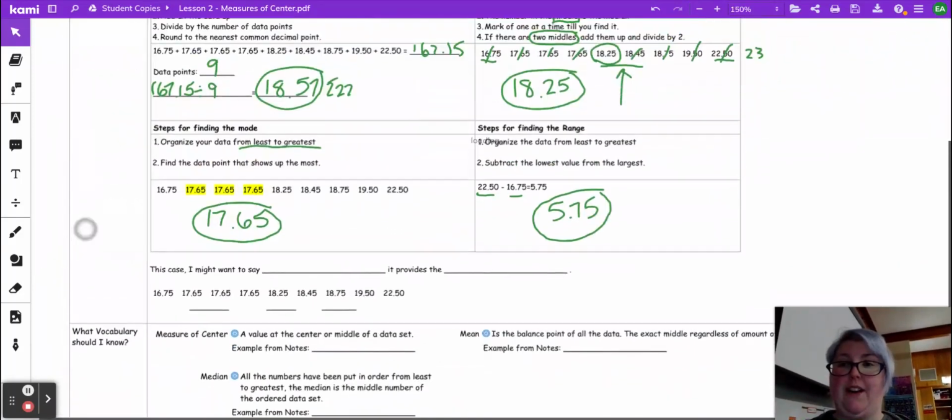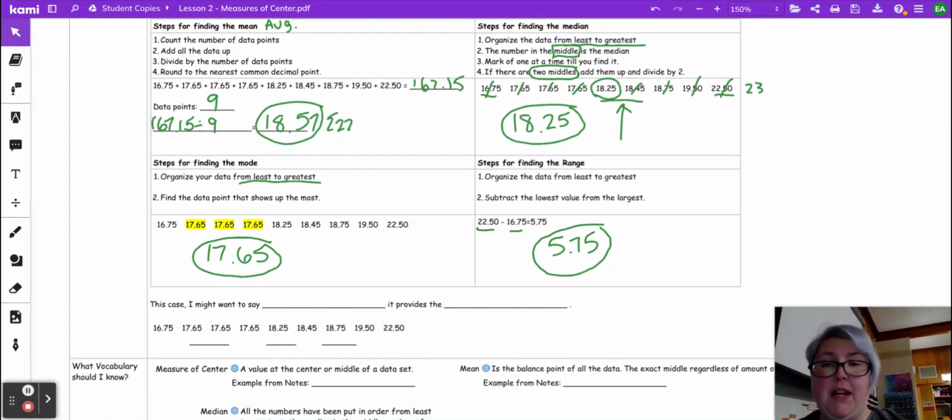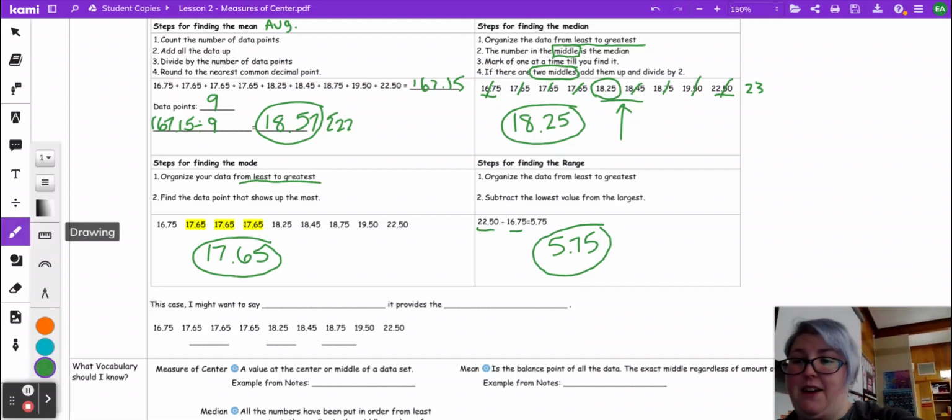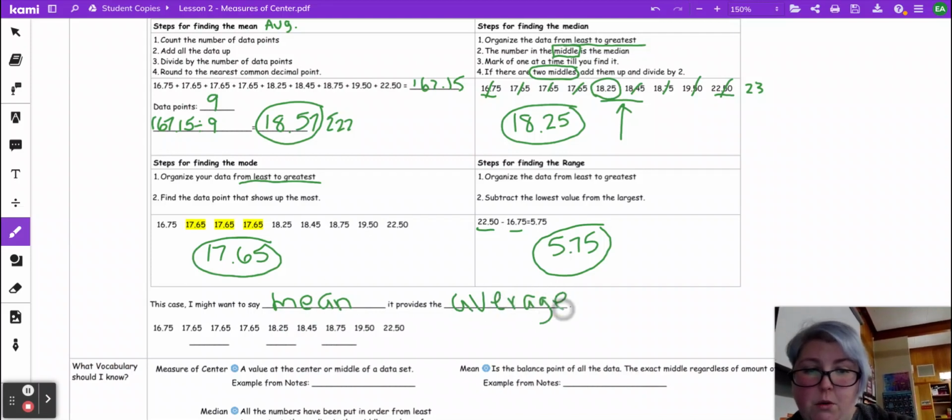We have 4 different things to choose from: the mean, median, mode, or range. In this case, if we want to say what the wages are like in Portland, you might want to use the mean, because it provides the center, the average, for the wages.